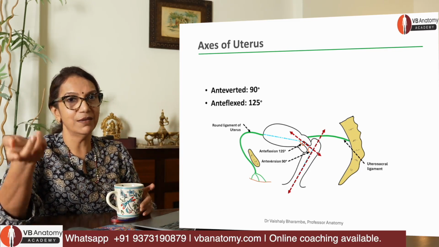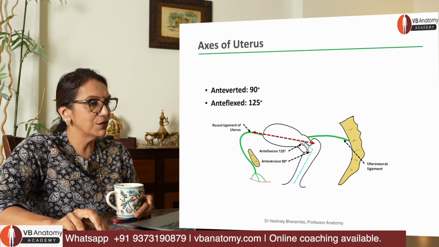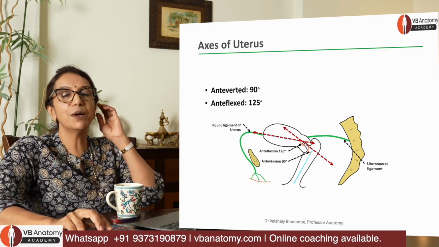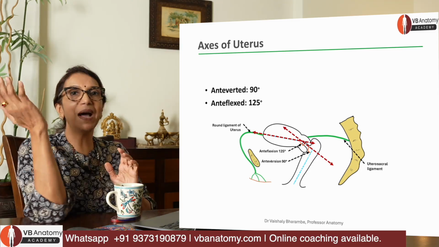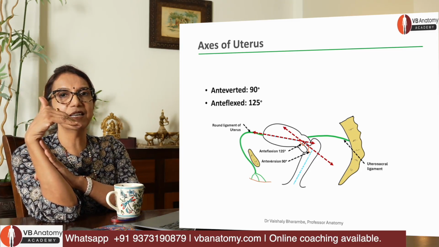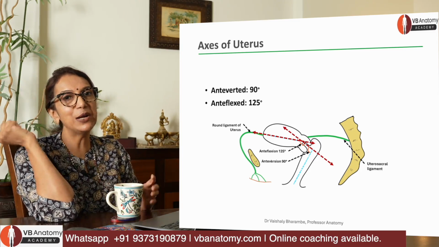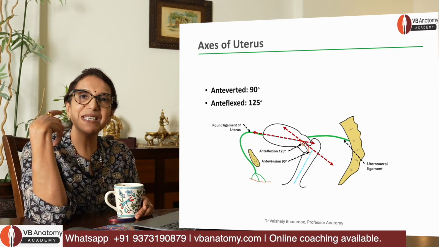V for vagina, anteversion. Similarly, if this is the axis of the uterus, it forms an angle of about 125 degrees with the cervix. So my way of doing this is the vagina, this is the cervix, and this is the uterus falling over it. Okay, it's a rather good way of using your hand to remember something. I believe in this muscle memory.